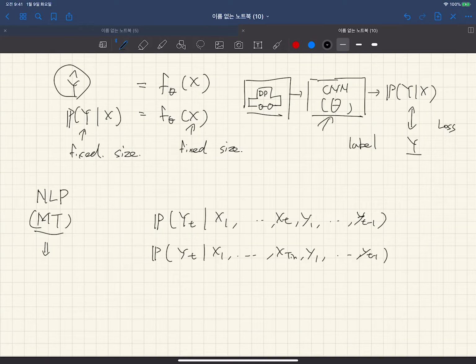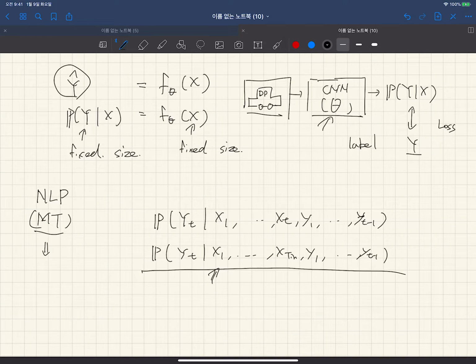Machine translation requires this type of conditional distribution because we usually observe the full sentence of the input language and then generate the output sentence, and the output sentence depends on the previous words. So we will need to design this kind of conditional distribution prediction for machine translation.